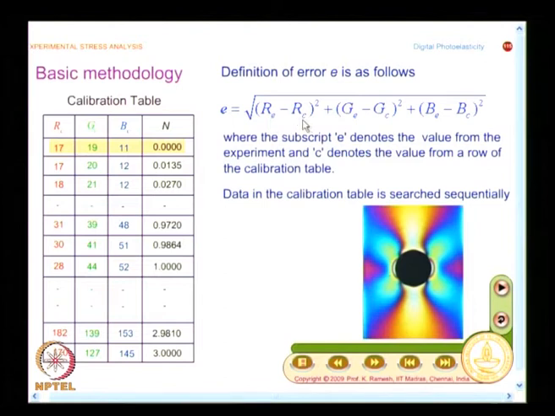That is why it is given as subscript C. So, I have the R value, I have the G value difference and I have the B value difference. So, if the colors match, then I have found out the fringe order corresponding to the data point of the experiment.